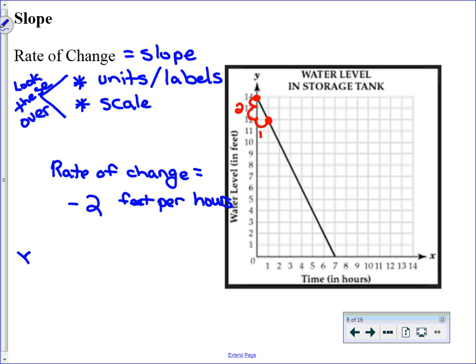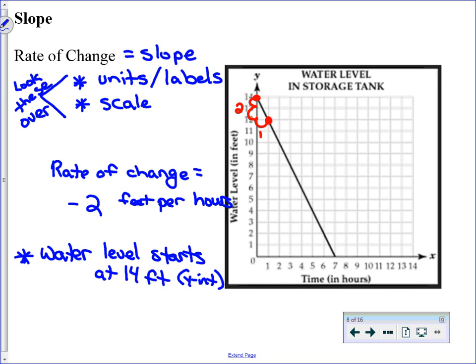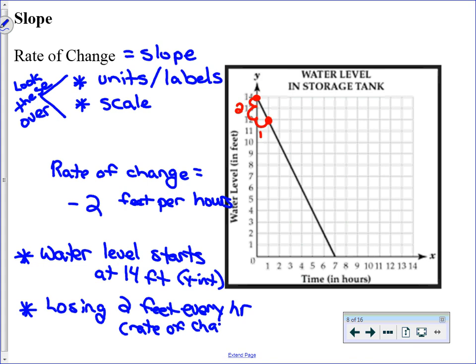And if we were asked to write a sentence that explains what this means, it means that the y-intercept actually tells us that the water level starts at 14 feet, and this is your y-intercept, and the actual rate of change means that we are losing 2 feet every hour, and that is a description that says our rate of change.